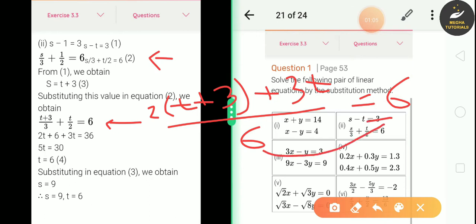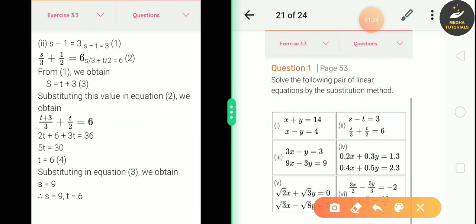So 6 into 6 we will get 36. If you open this bracket, we will get 2 into t plus 2 into 3, that is 6, and plus 3t as it is. So the step is 2t plus 6 plus 3t is equal to 36.